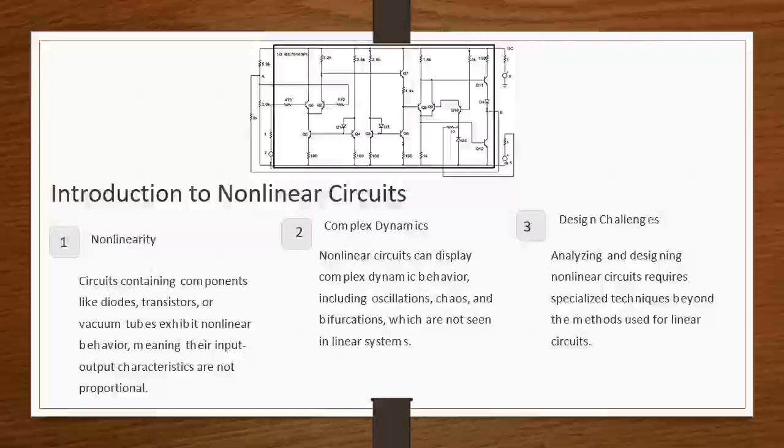Complex dynamics: nonlinear circuits can display complex dynamic behavior, including oscillations, chaos, and bifurcations, which are not seen in linear systems.